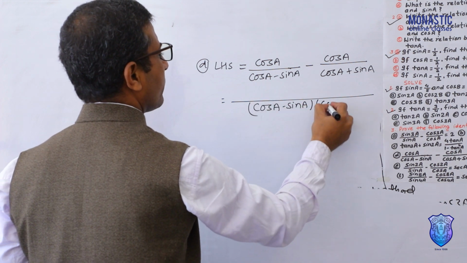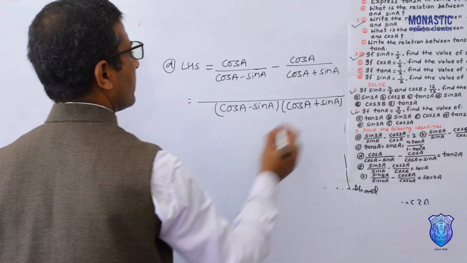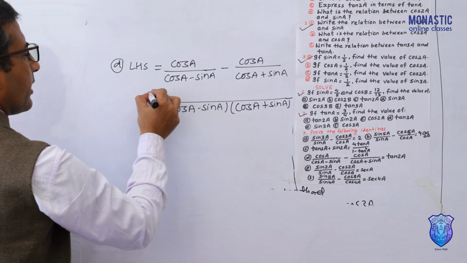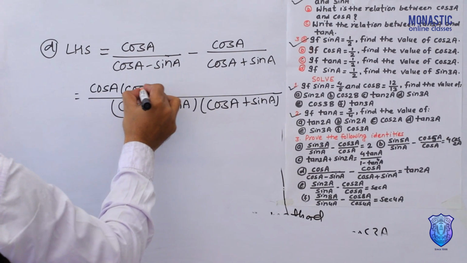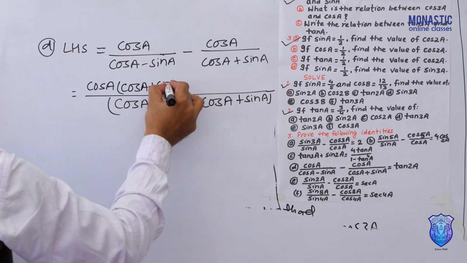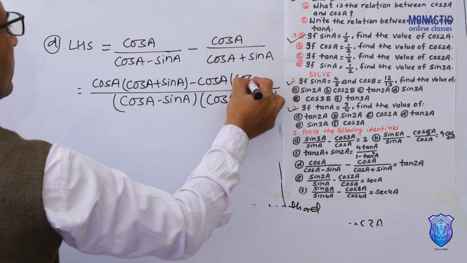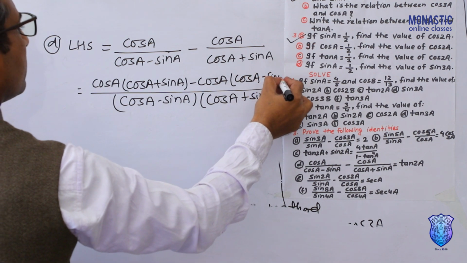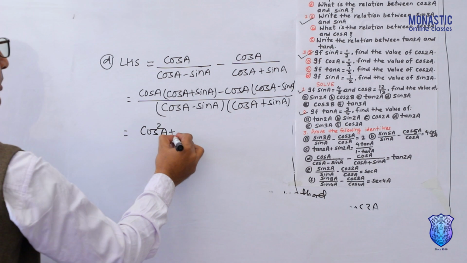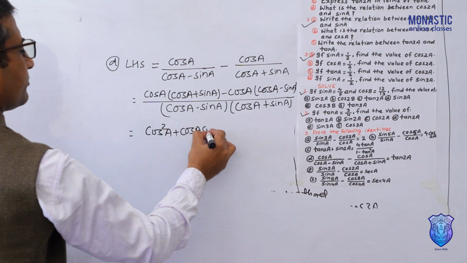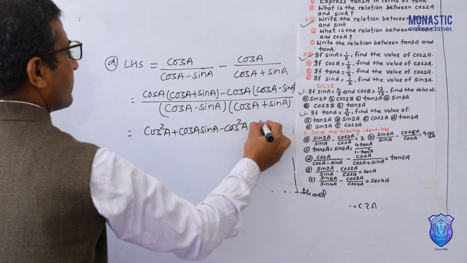Here the LCM of these two is cos A minus sin A into cos A plus sin A. This is multiplied with cos A plus sin A. This is multiplied with cos A minus sin A. It came cos square A plus cos A sin A, cos square A plus cos A sin A.